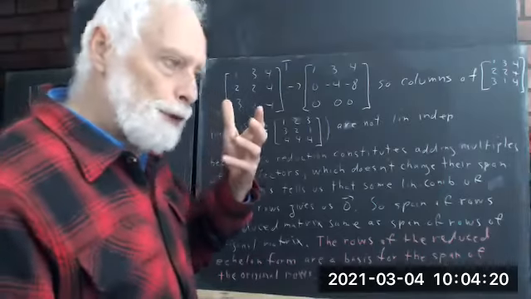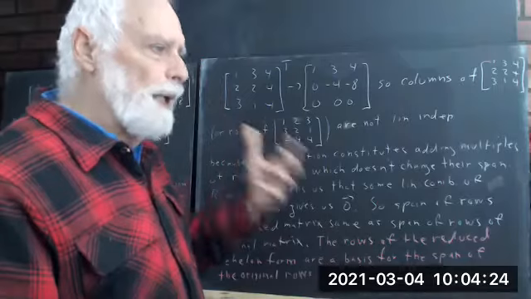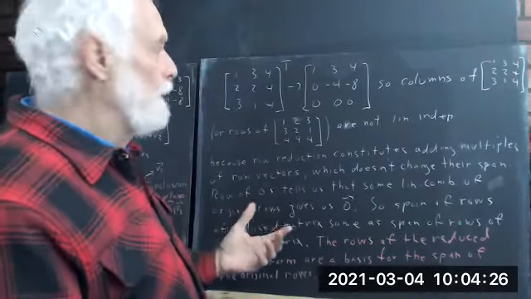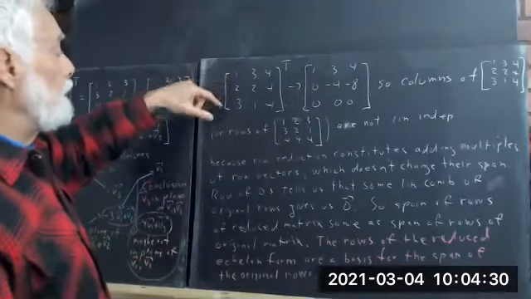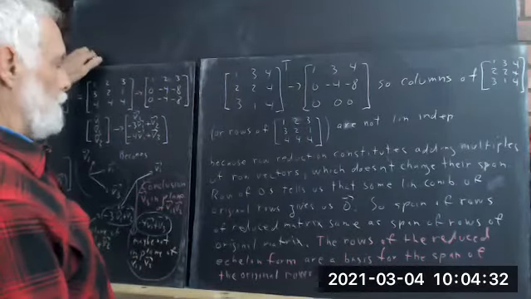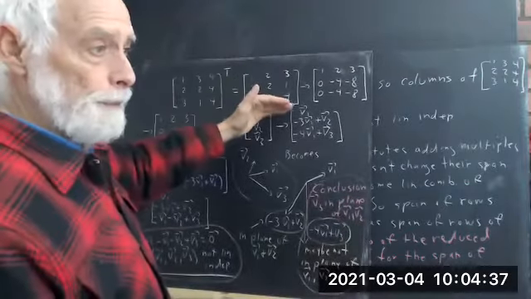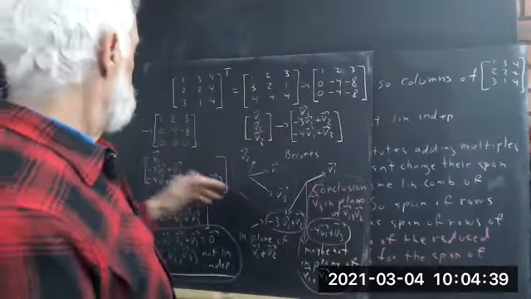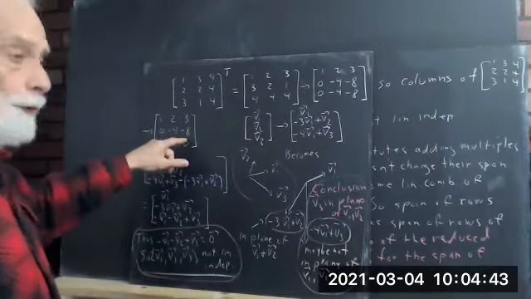So to get the span of a set of vectors, we put them in rows. Okay, we transpose this so that our vectors are in rows, and we reduce the matrix, and we can further reduce it.